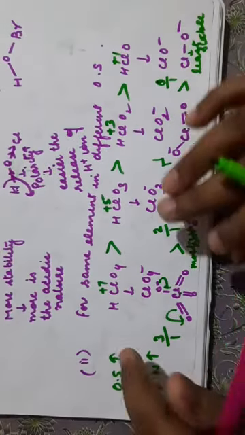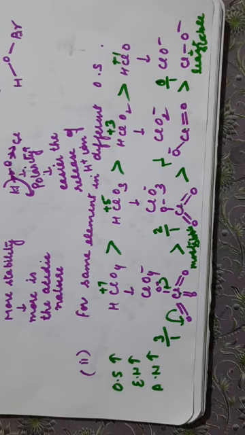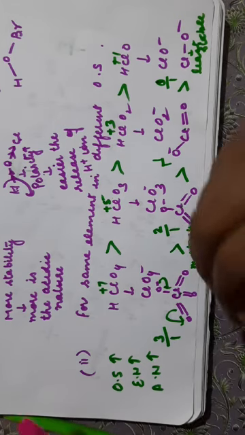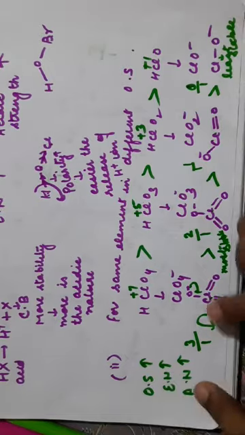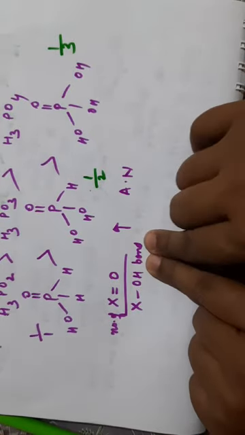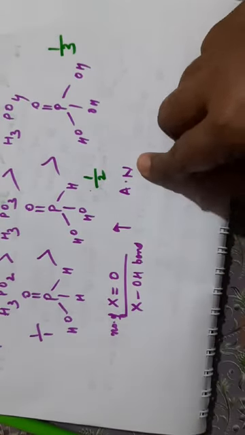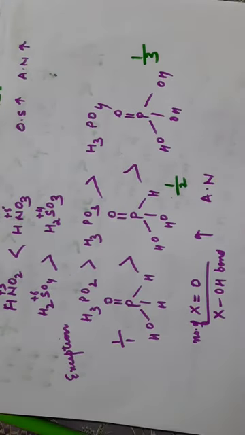So normally you can find from the oxidation state, the greater the oxidation state of the element for the same element, the greater will be the acidic nature, but there is an exception for oxoacids of phosphorus. You can calculate this value, number of XO bonds upon number of XOH bonds. The greater the number, the greater will be the acidic nature, and this trick is applicable for all the oxoacids.